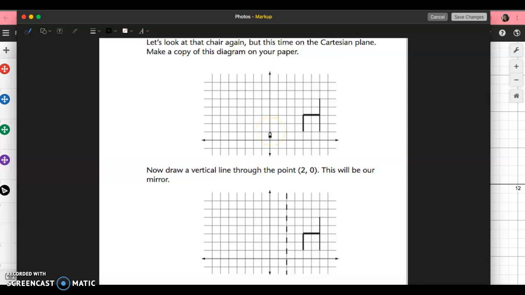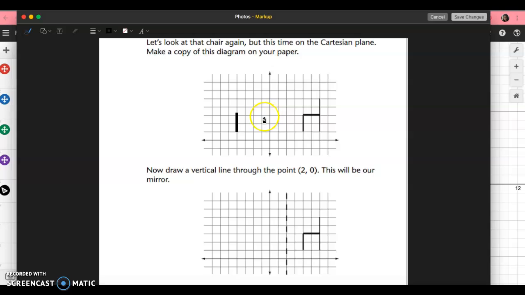So that means that it's going to start 1, 2, 3, 4 units away on the other side. So first it was in quadrant 1, now we're going to reflect it into quadrant 2. And we're going to draw it up so that it is the full 2 units. Okay, so this line over here is the reflection of this line over here. Okay, now we're going to draw the rest of the chair.